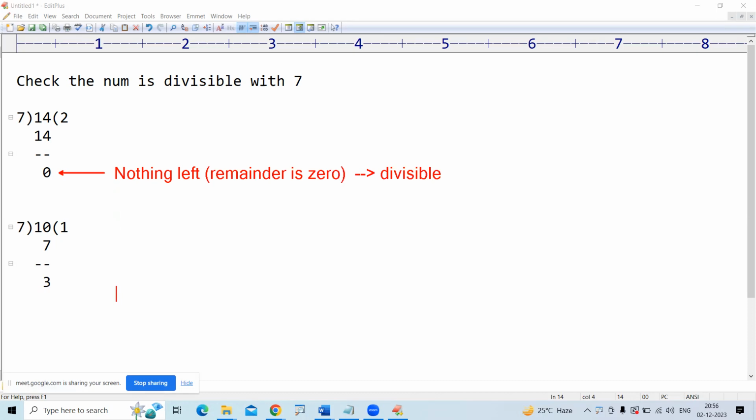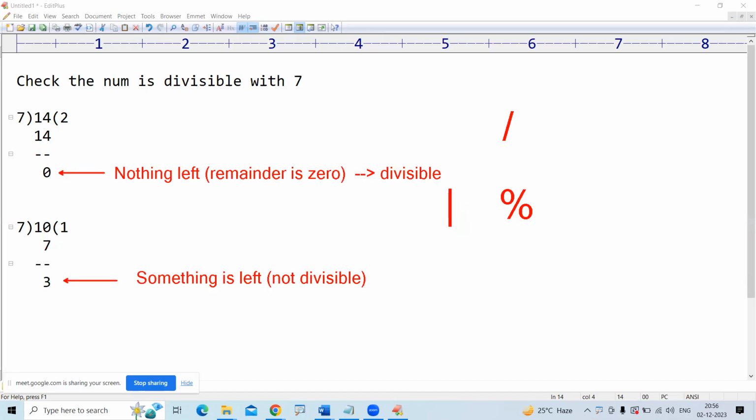If something is left, anything, then it is not divisible. So a very important one here is the remainder operator.